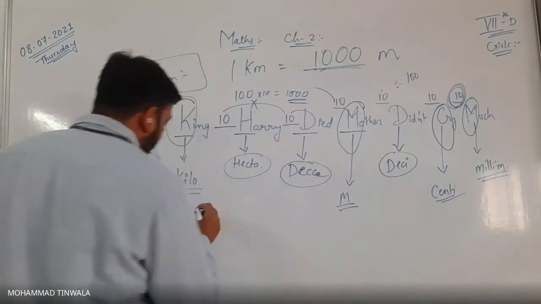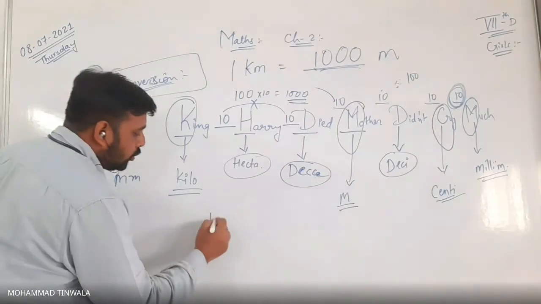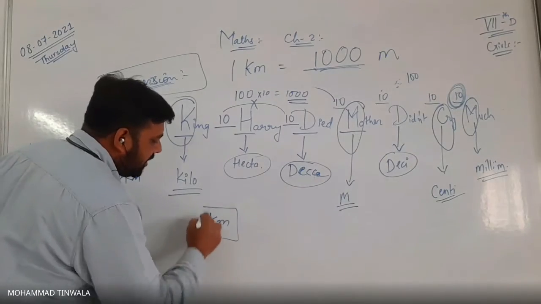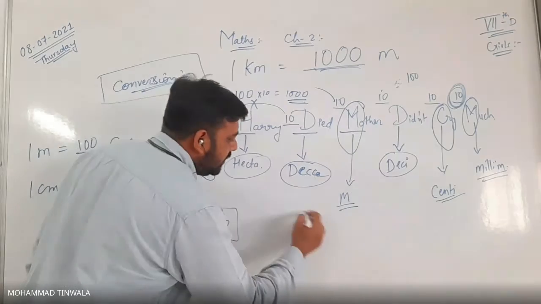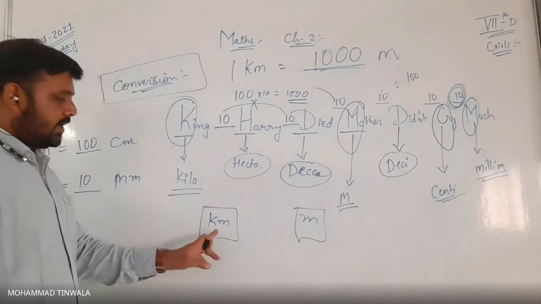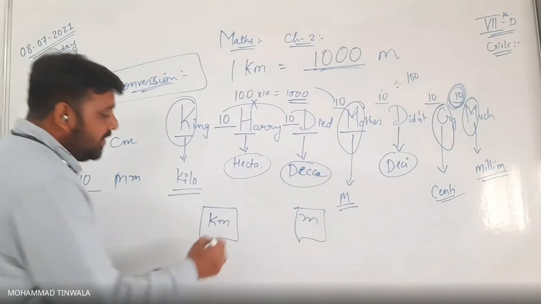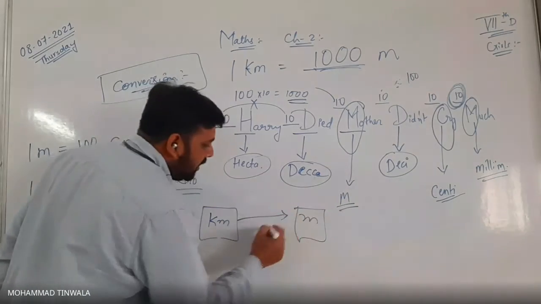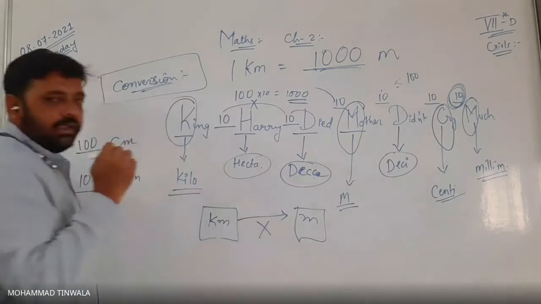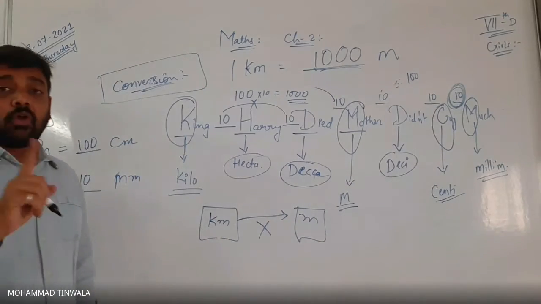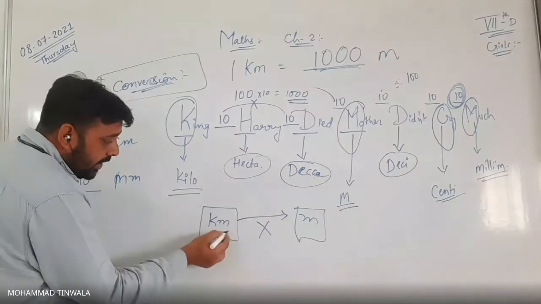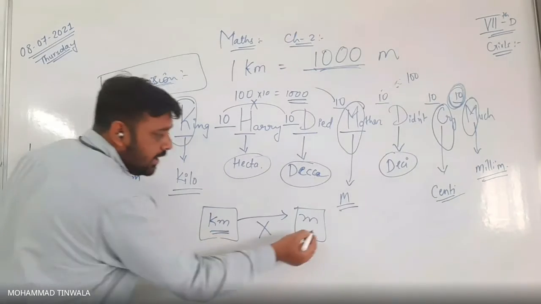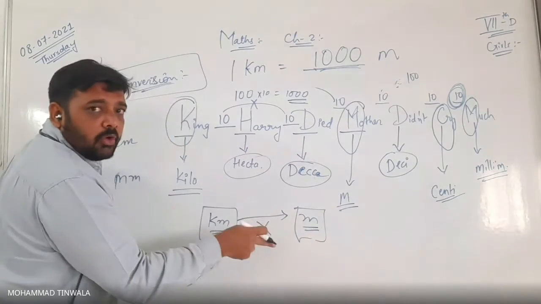Kilometer to meter: meter is the smaller unit, kilometer is the bigger unit. When we are going from bigger to smaller, we have to multiply. Not the number, the unit. Kilometer is the bigger unit, meter is the smaller unit, right?